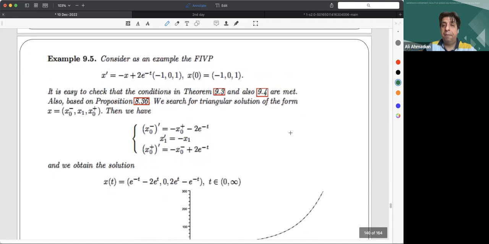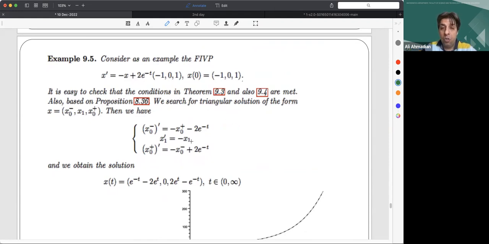Like an example here, in the example what we have is x prime is equal minus x plus 2e to the power of minus t times minus 1, 0, 1. X naught is minus 1, 0, 1. You should check the condition and so on, okay? But the issue is that I want to solve this one under the form of an ODE.